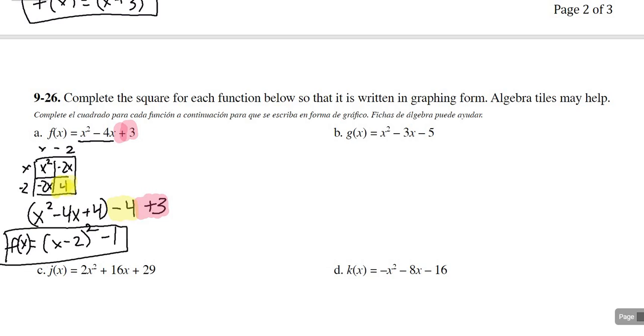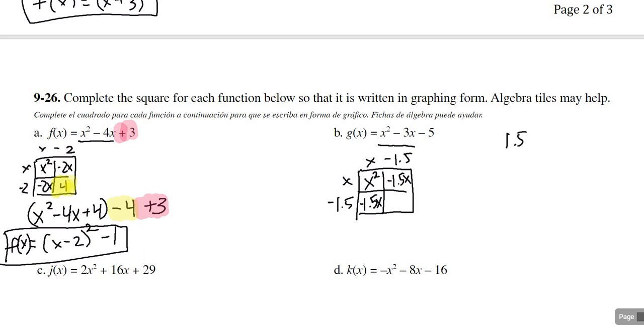Okay, now let's do part B. Okay, I need to break up the pieces. So I take minus 3 and I break it in half. I get negative 1.5x for each of these pieces. I have x squared. That's x minus 1.5, x minus 1.5. In this piece, I'm going to get 1.5 squared.